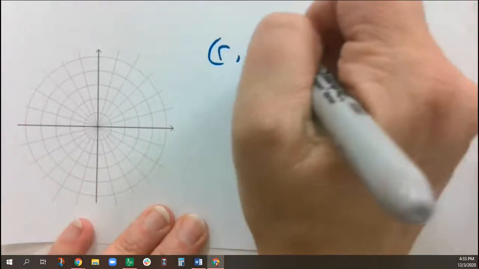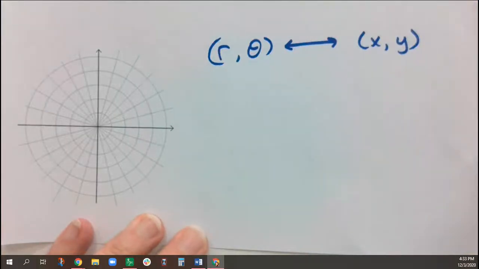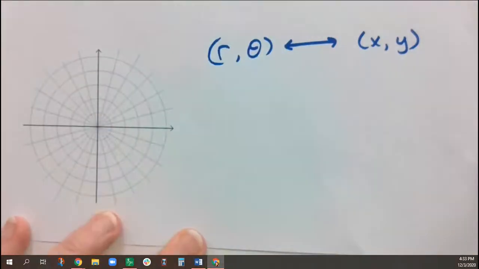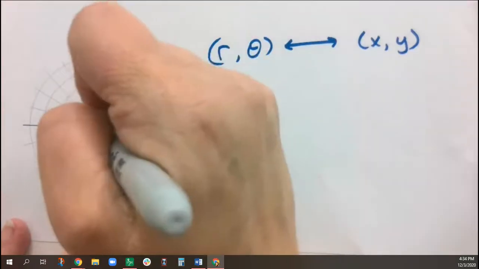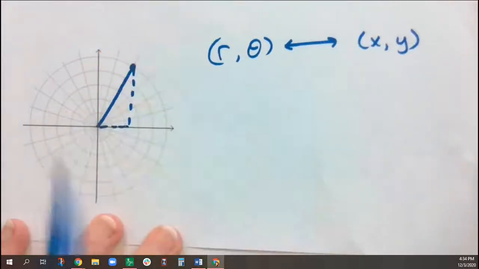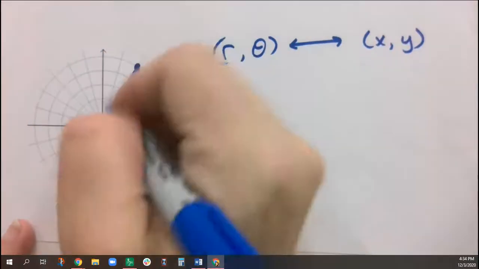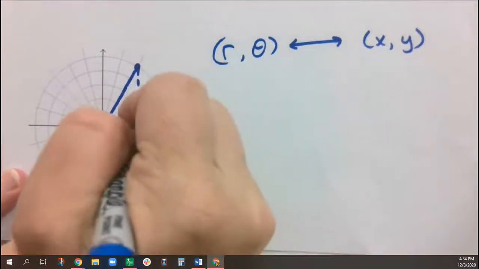How is r theta related to xy? Well, I'm going to plot a point here and draw for us a reference triangle. Maybe you remember this from pre-cal reference triangles when we were first learning trigonometry.